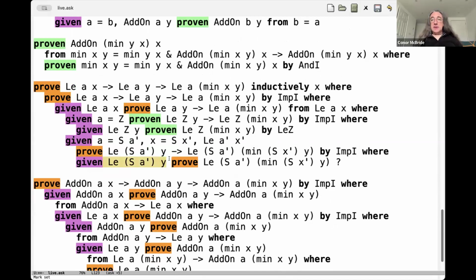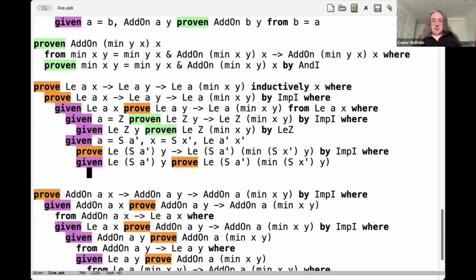I mean, we could do from Y and worry about whether or not Y is 0, but we can go more directly. There's only one way this can be true.